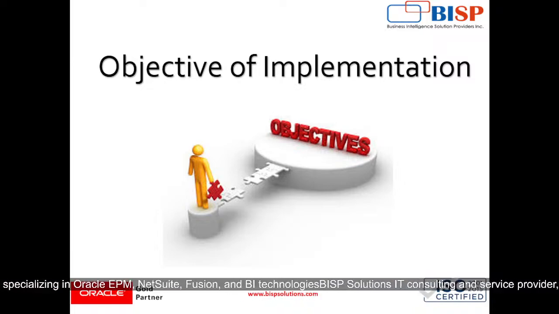Fifth point is improving compliance and audit readiness. It means enhancing adherence to regulatory requirements, like tax laws, GAAP, IFRS. And also it maintains detailed audit trails and secures sensitive data from third parties.